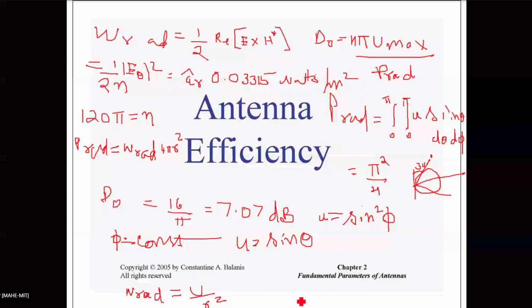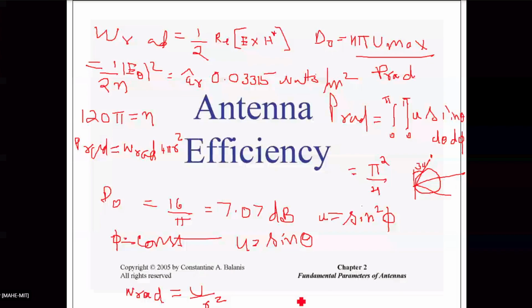Cos theta is 1, so cos cube theta is 1. Is it okay, all of you?